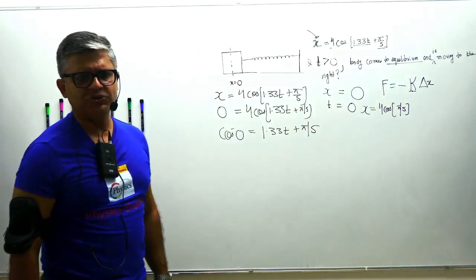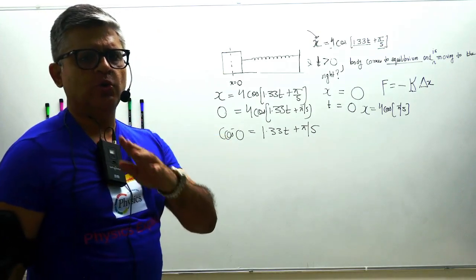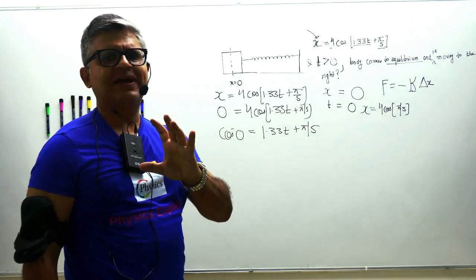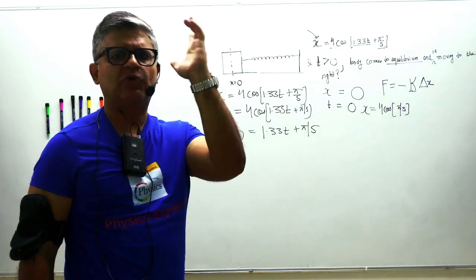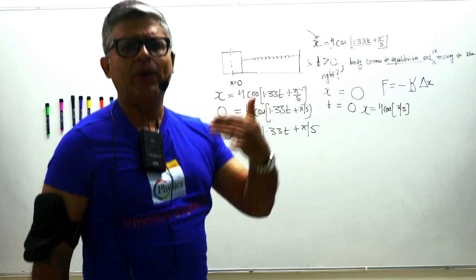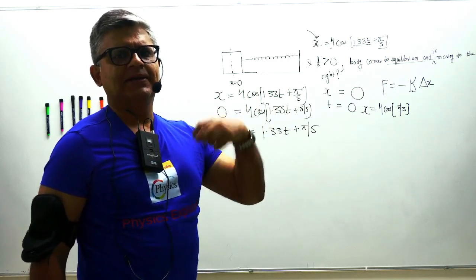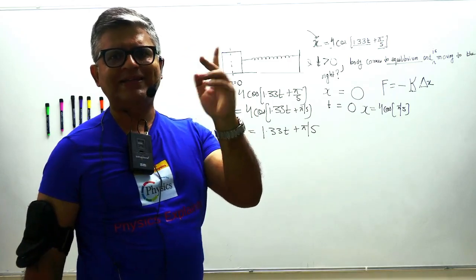I hope so far so good, right? It is clear in your mind what we are trying to do. We first establish where the displacement is 0, which means it is in equilibrium. Then we will see in the subsequent motion when it comes to the equilibrium position at t greater than 0.